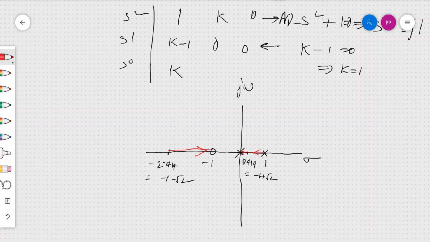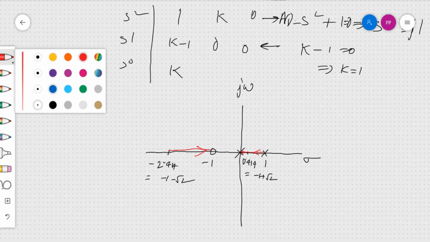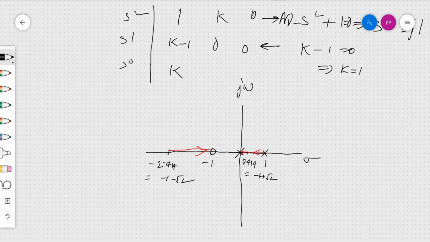So again at the imaginary axis the crossing point is plus minus j1, so we have plus j1 and minus j1.